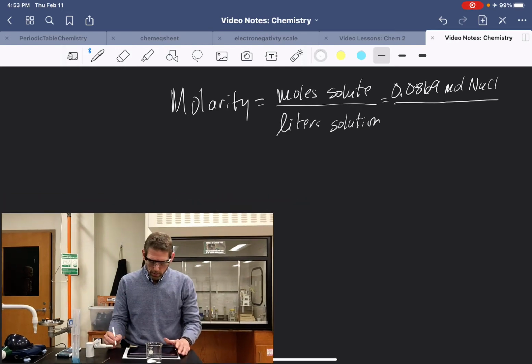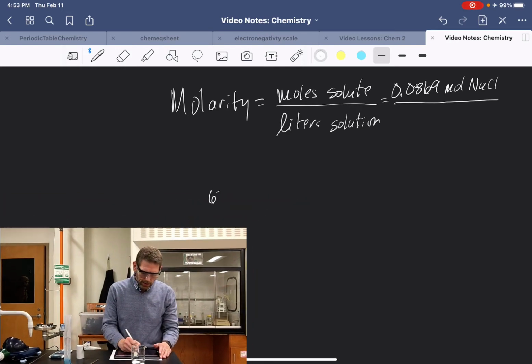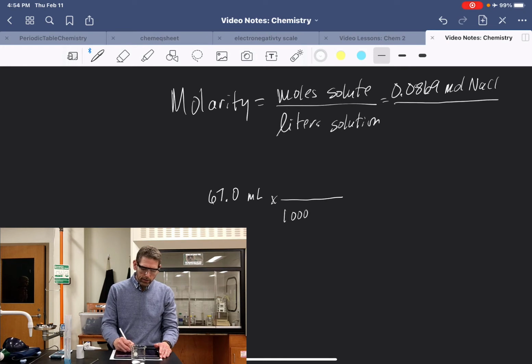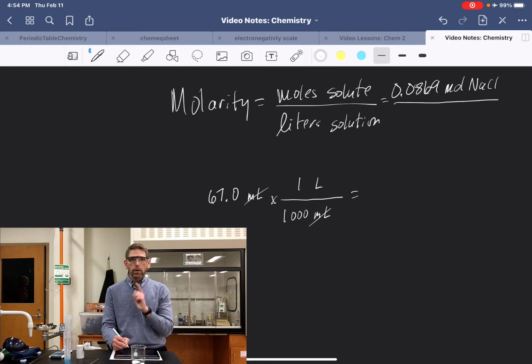So we're going to come over here, and I know that I have 67.0 milliliters. But we need liters. So we're going to convert this. We know that there are 1,000 milliliters per 1 liter. Milliliters cancels out.